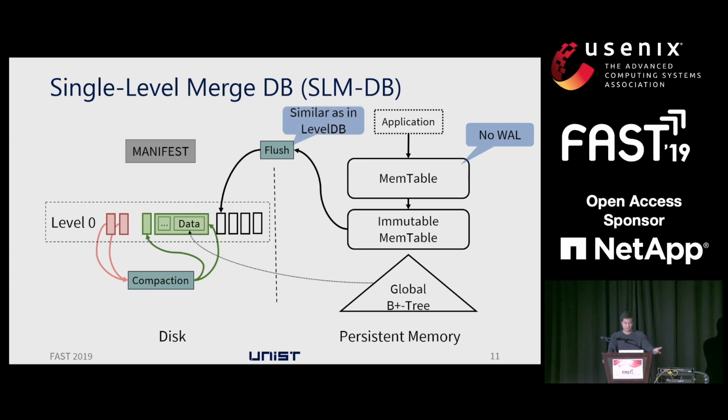When the mem table gets full, it's marked immutable and scheduled to be flushed. The flush is similar to that in LevelDB, and the data is then flushed to level 0, our single level. All the data stored will be indexed by our B+-tree, which is stored in persistent memory.